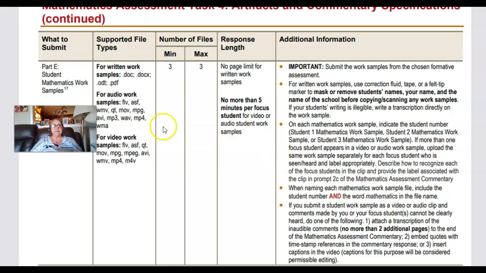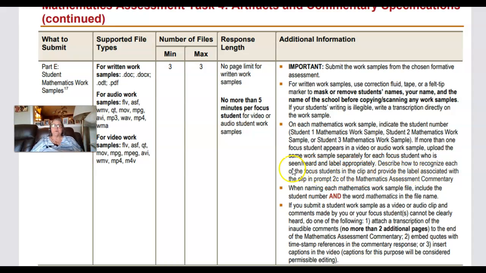Now, let's say that you have a video and it's of a group of students, and it could be your 3 focus students in a group, and all of your work samples are together in that one video. Well, you need to upload that video work sample separately for each focus student. And then you would describe how to recognize each focus student.